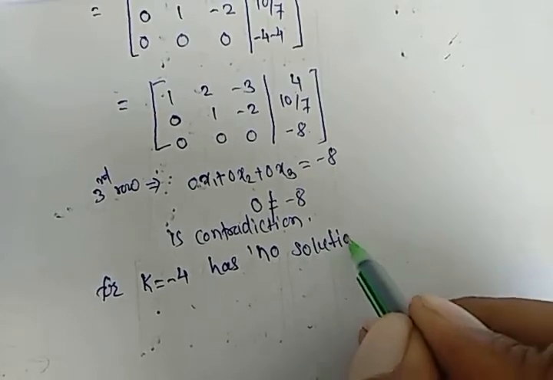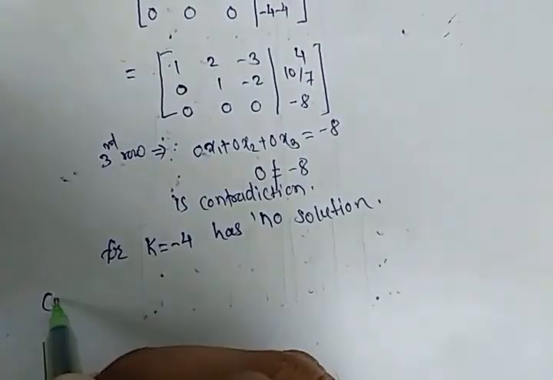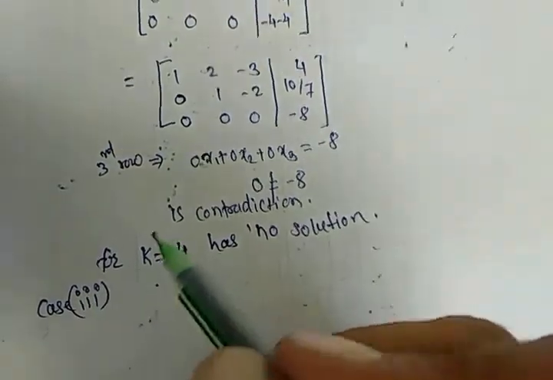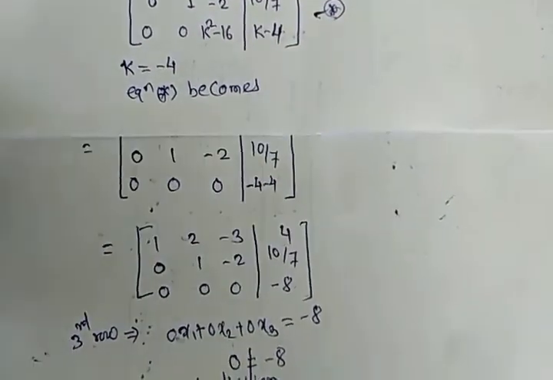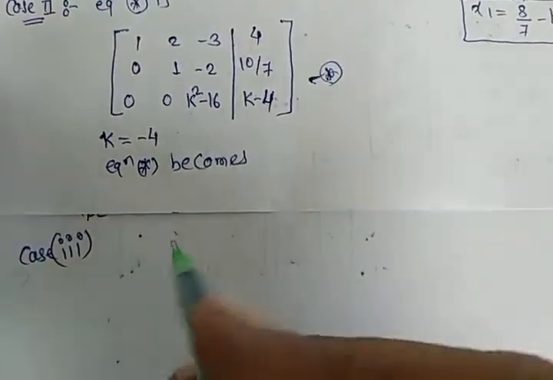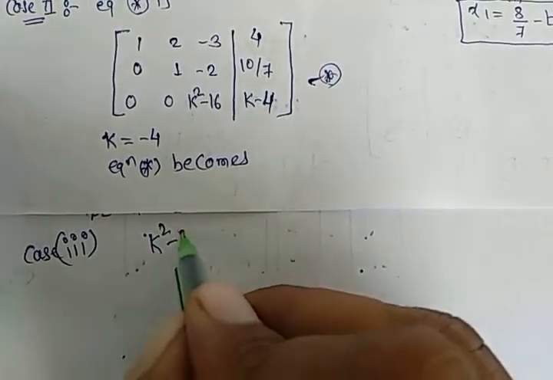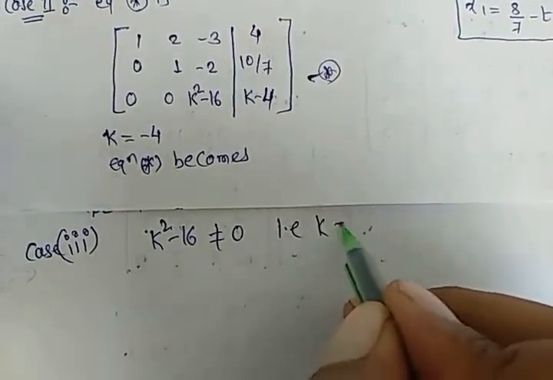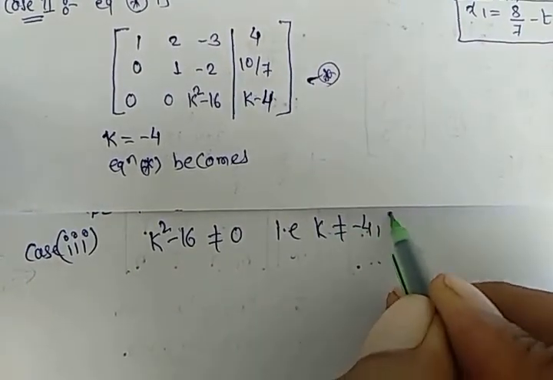Okay, and for case 3, in equation star, if k square minus 16 is not equal to 0, that is k is not equal to minus 4 and 4.